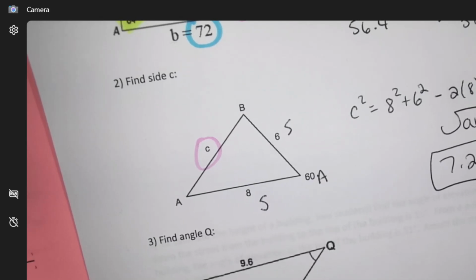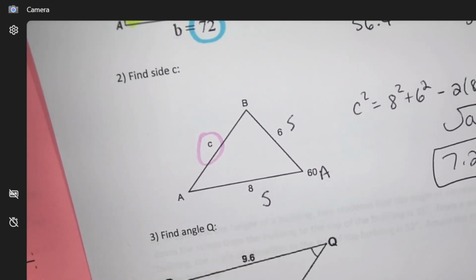Okay, don't forget, does your answer make sense? Because if you, for instance, forgot to square root and got 52, that should be a red flag. That looks weird on that triangle.